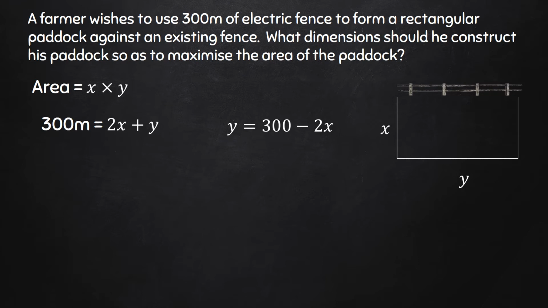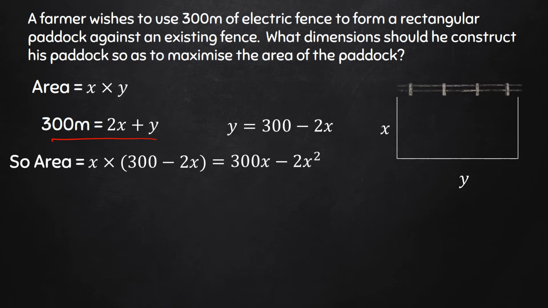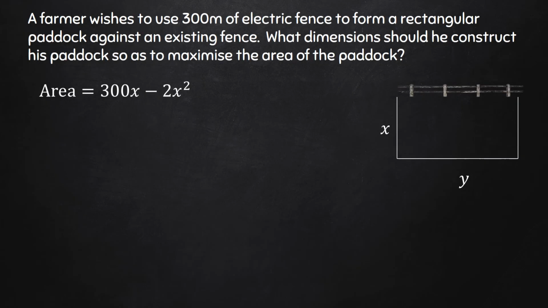So we know from this equation here that y equals 300 minus 2x, just rearranging it. And so now we can change our area to being x times (300 minus 2x). And we can just simplify that as being 300x minus 2x squared. So we've got the area being that.